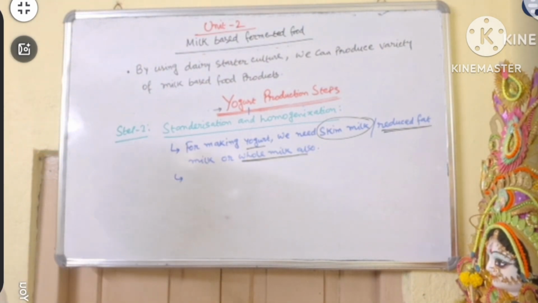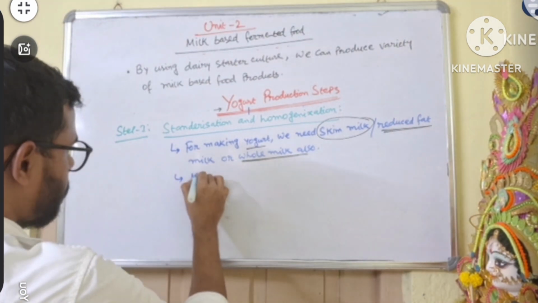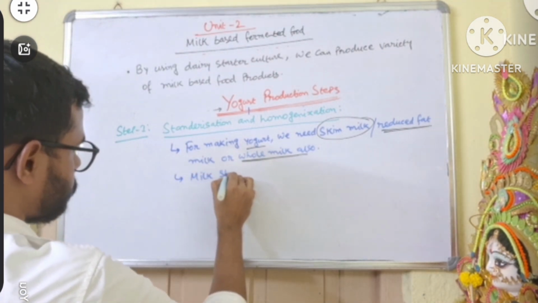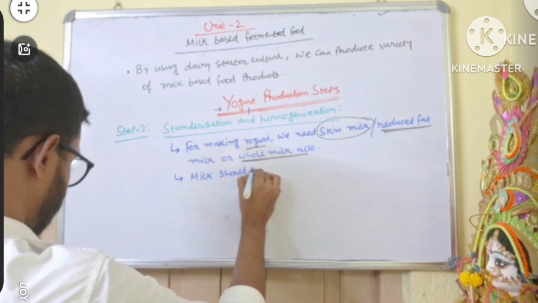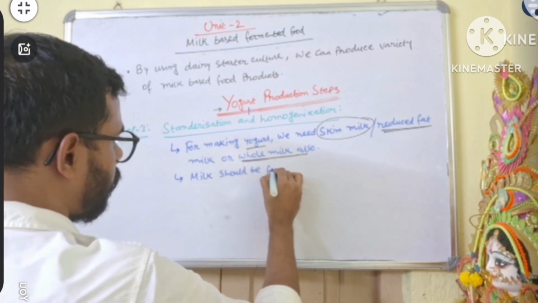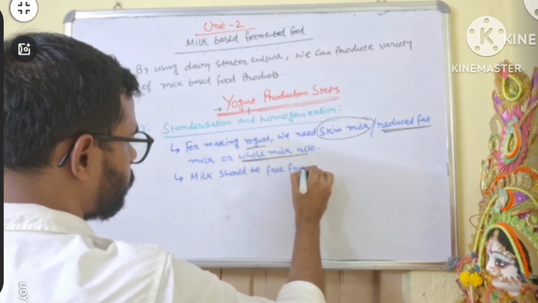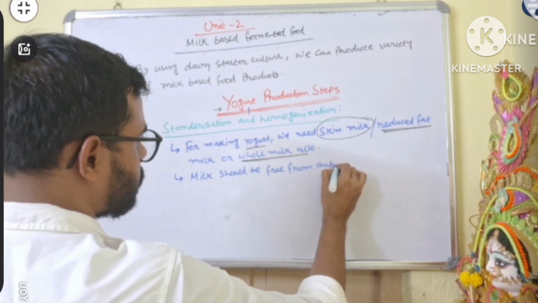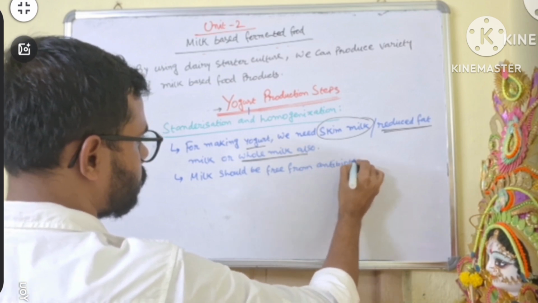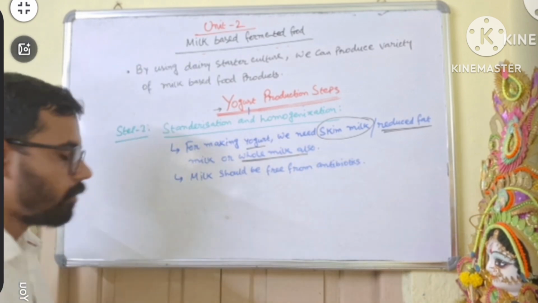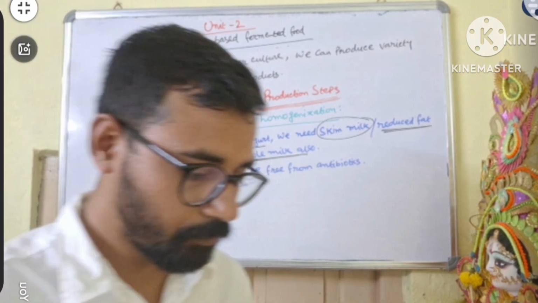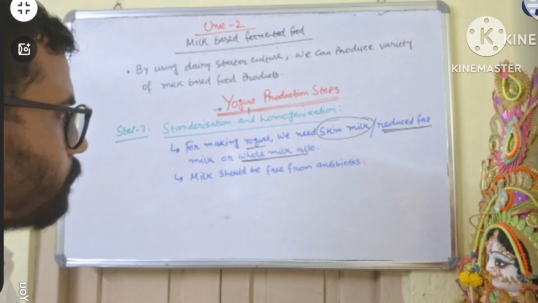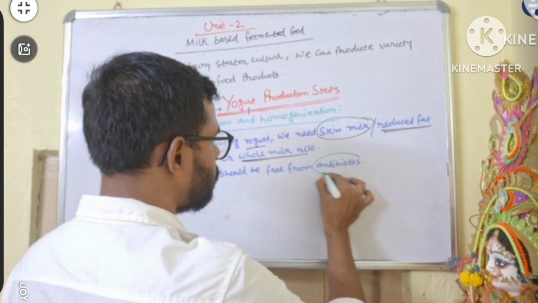And the point number two for the standardization, the milk should be free from antibiotics. The milk that is collected should be free from antibiotics. Why?